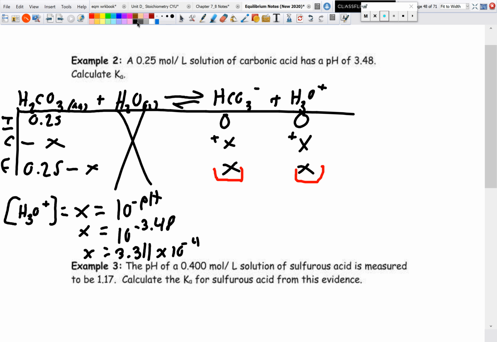Now, you can put in all this and write out all the values like I did last time. Another thing that you can do, if you want to save time and space, is that if you know the ionization constant for the acid, I'm just going to do this off on the side right here.